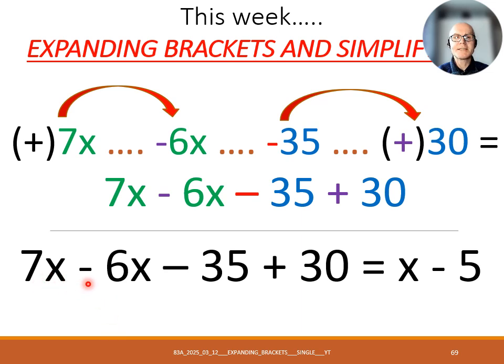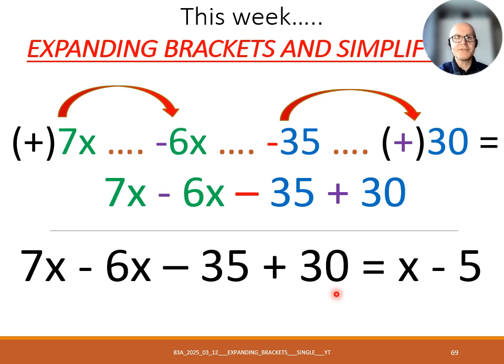So 7x subtract 6x is going to be 1x or just x. Then we're going to be subtracting 35 plus 30. Negative 35 plus 30, think of your number line.